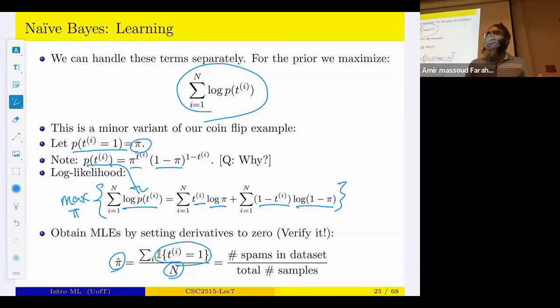So our maximum likelihood estimation is intuitive as before. If you have a data set of, say, 100 emails and 70% of them are spam, you estimate that the prior probability of observing spam is 0.7. And that's maximum likelihood estimation that is intuitive. Okay, is this clear?